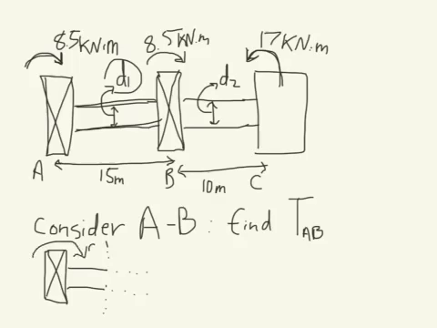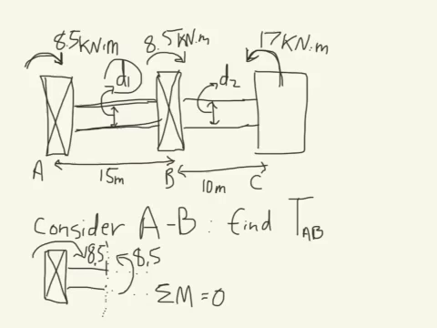Here's our 8.5, and that's the only one. And we know that there must be an internal torque counteracting that, also of 8.5. Technically that's because the sum of all moments at this section equals 0.